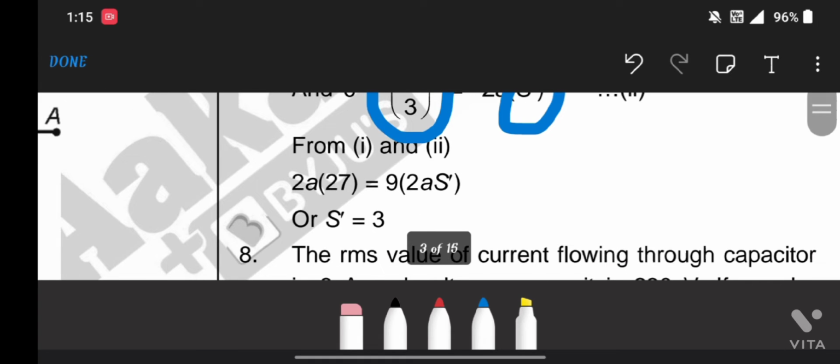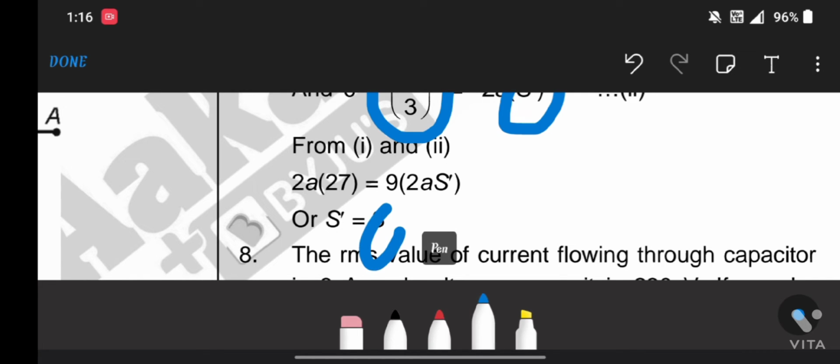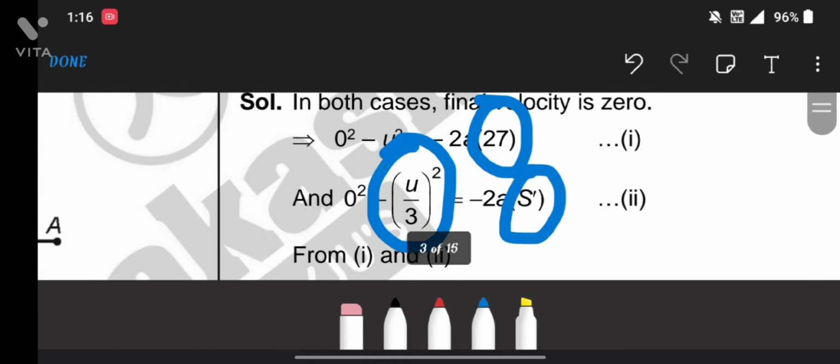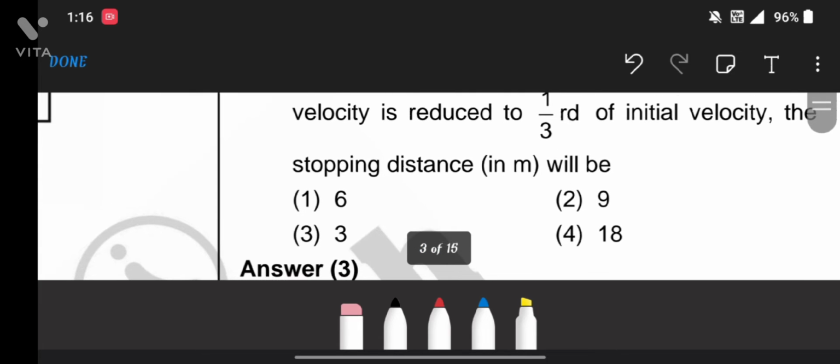If we solve this equation, the distance we get is 3 meter. Now if we come to the options, the distance we got is 3 meters. In the options, the first one is 6 meter, that is not it. The second one is 9, that is also not it. The third one is 3. So the correct answer is option C, 3.